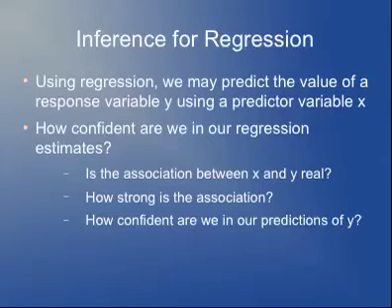Specifically, is an observed association that we see between x and y real? Do we see a stronger association than we would expect to see by chance? If we believe the association is real, how strong is this association? If we try to predict y based on x, how confident are we in our predictions of y? Today I'll discuss how to answer each of those questions.